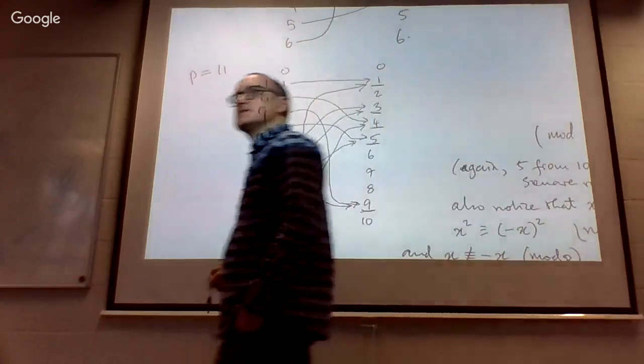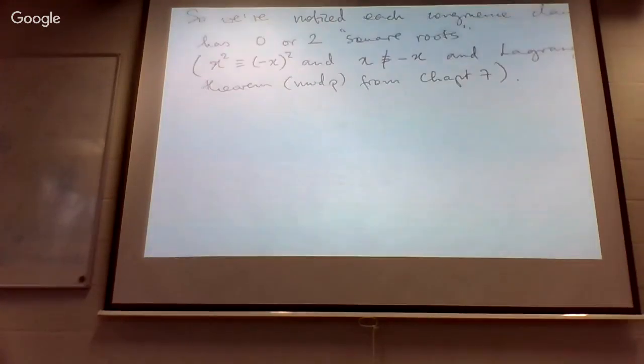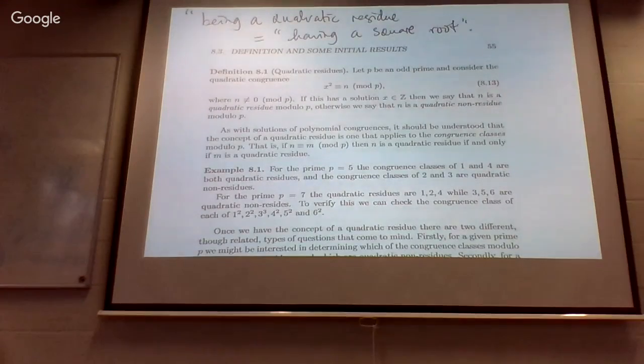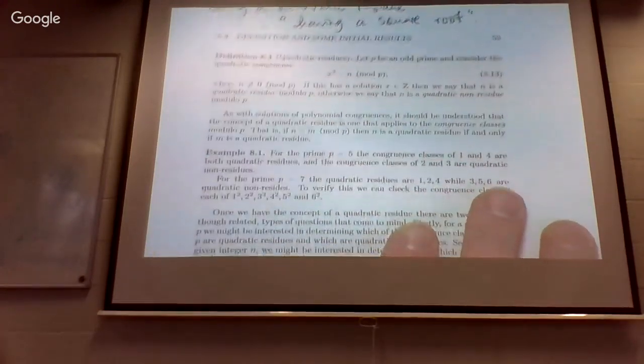So those things start to check out. That's just an observation. Well, we'll make that a lot more concrete soon enough. So that's our initial definition.